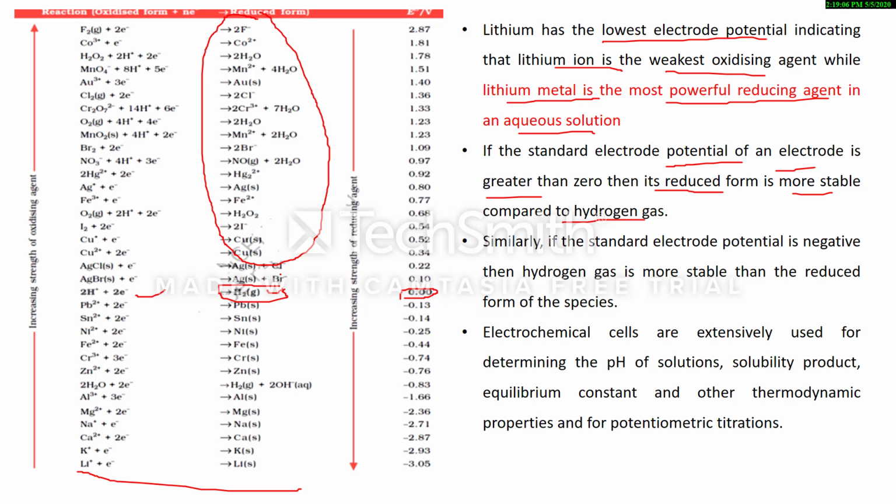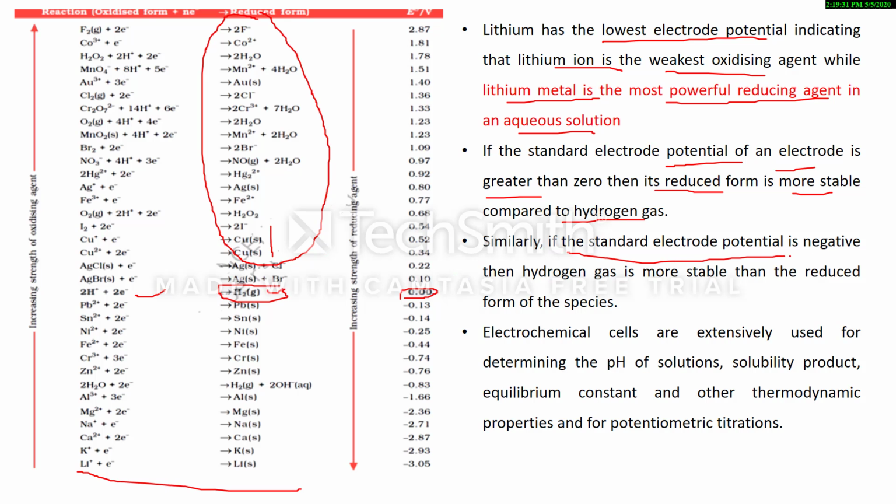In a simple way we can say these species cannot displace hydrogen from dilute acids. Like copper, this copper will not liberate hydrogen gas with dilute acid. In the same way, silver will not displace hydrogen gas from dilute acids.